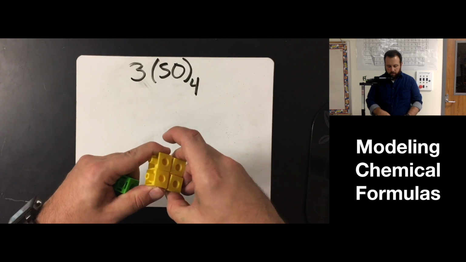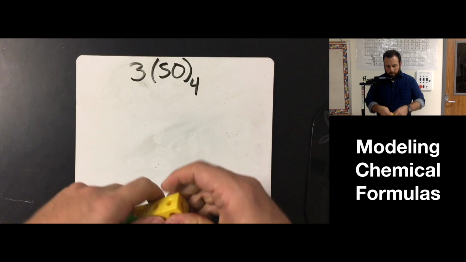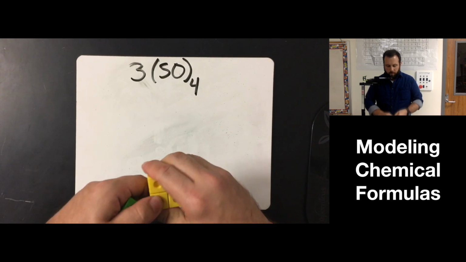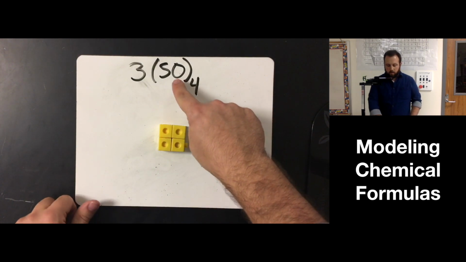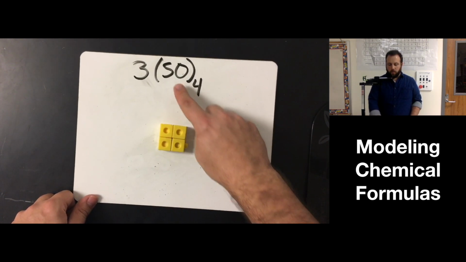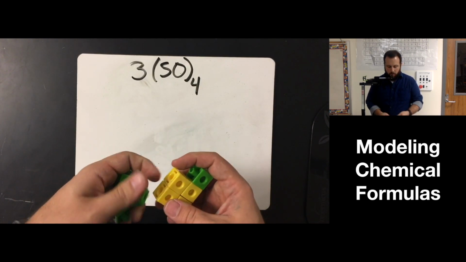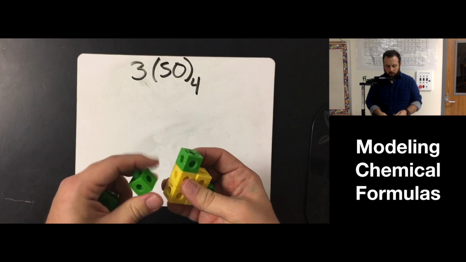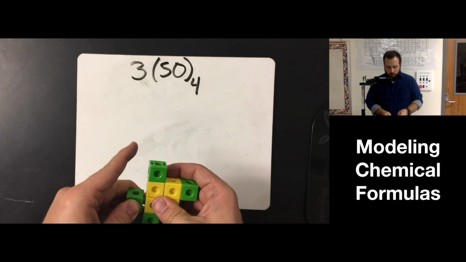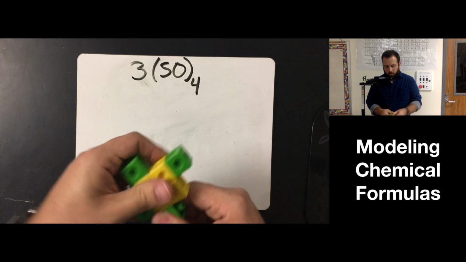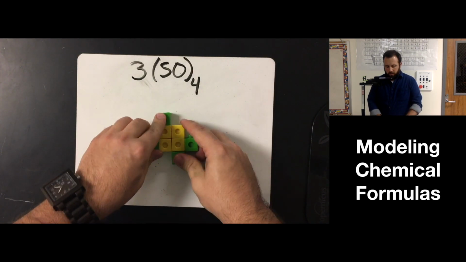If we go ahead and connect those, we've got our 4 sulfurs. Then we look at oxygen here. It says there's 4 times that 1 again. So we're going to add 4 more oxygens to this model.